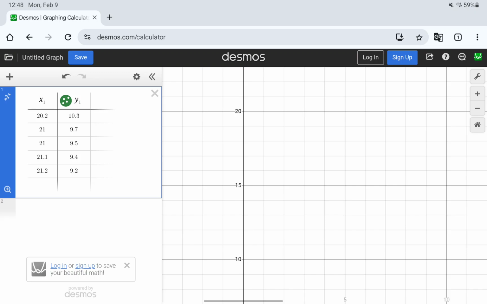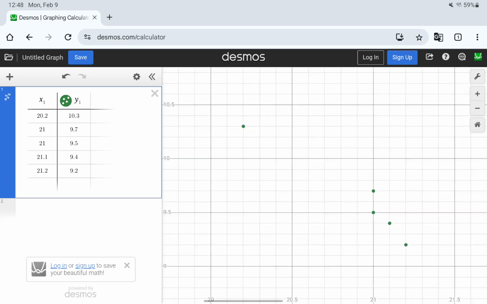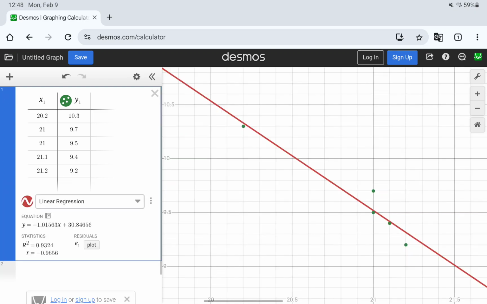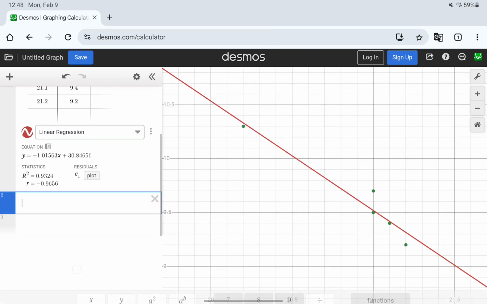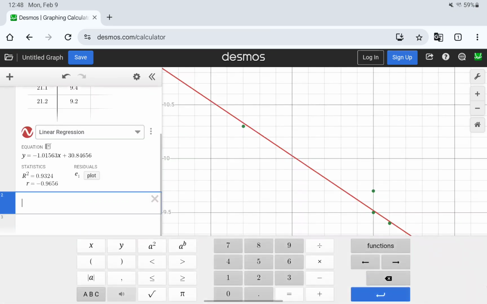I've already entered this data into Desmos again, so we can zoom fit to see our data better and add that linear model. We have our linear model and we have a correlation coefficient of negative 0.9656. That's close to -1, so we have a strong fit, meaning our model is good for making predictions.